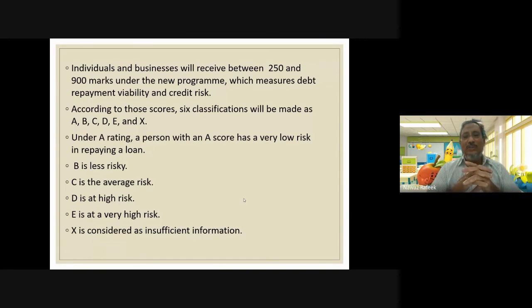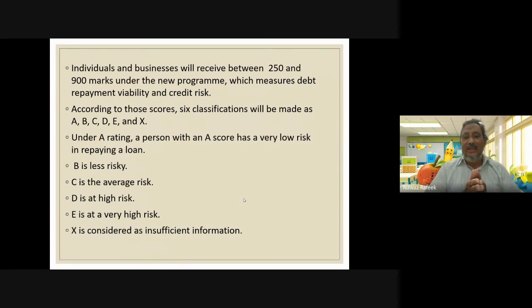According to those scores, classification will be made as A, B, C, D, E, and X. Under A rating, a person with an A score has very low risk in repaying a loan.